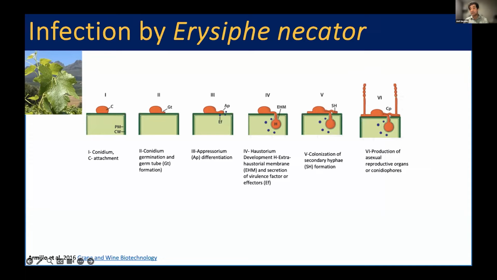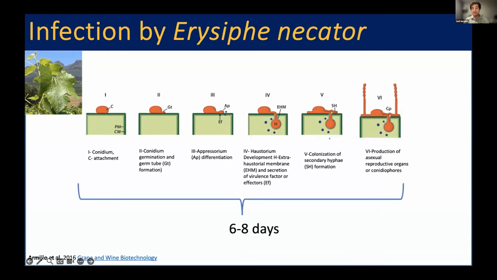These asexual fruiting bodies are identical to one another, so they keep the same genetic material. This life cycle seems long, but it is completed within 6 to 8 days. If the conditions are good, the cycle completes again and again.